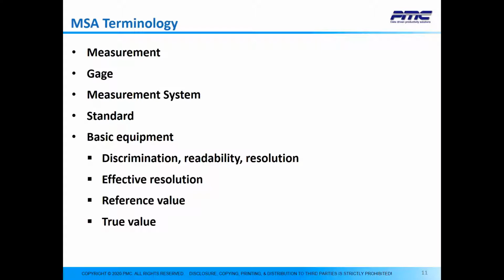The effective resolution is the sensitivity of a measurement system to process variation for a particular application. The reference value is the accepted value of an artifact and requires an operational definition. The true value is the actual value of an artifact, also known as the unknown and unknowable.